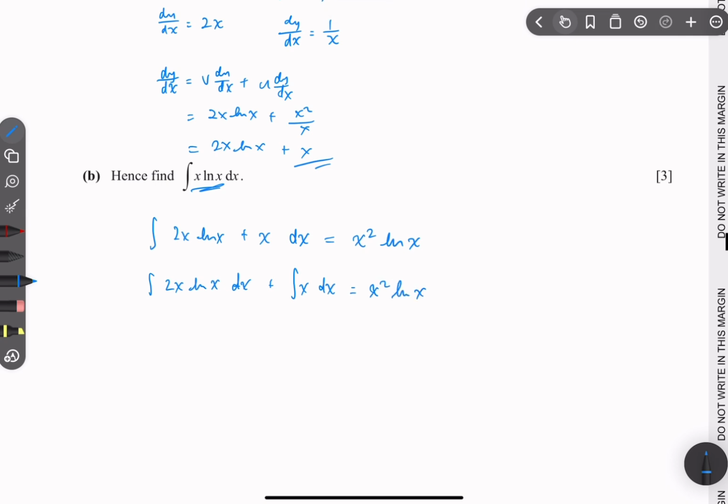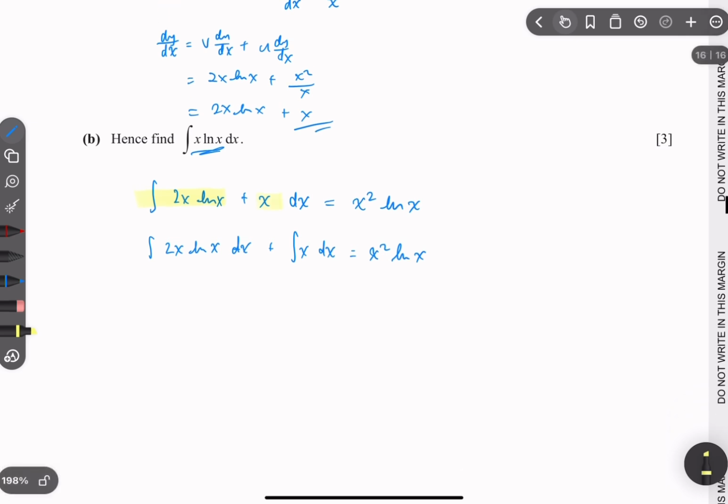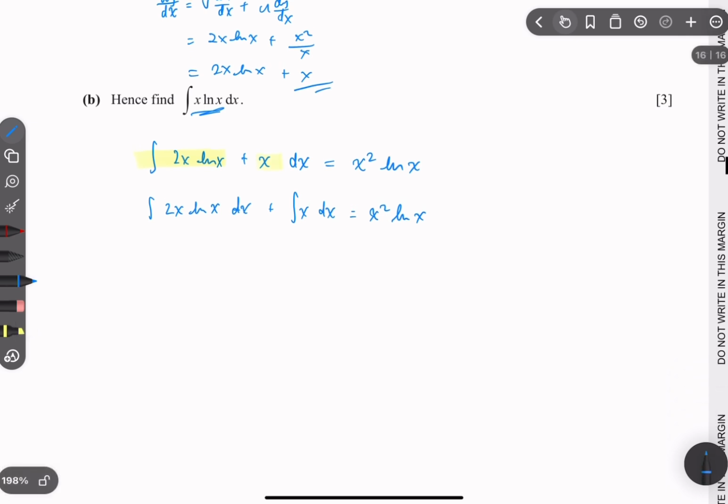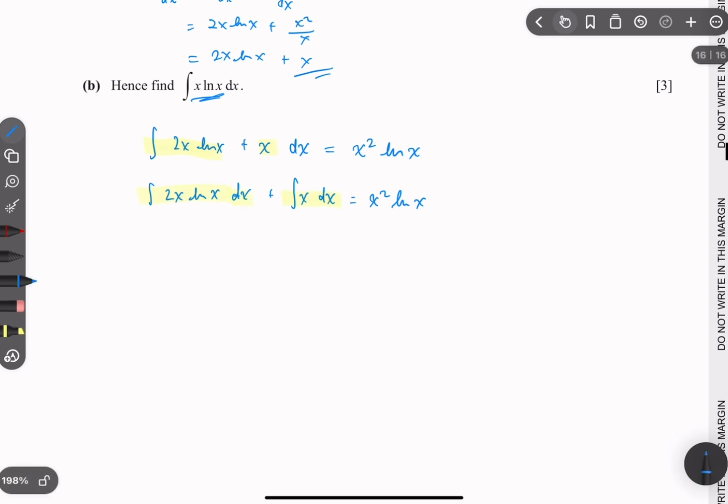Okay, so as you can see, I split these two parts into different integrals. And then we can move this part to the right side.